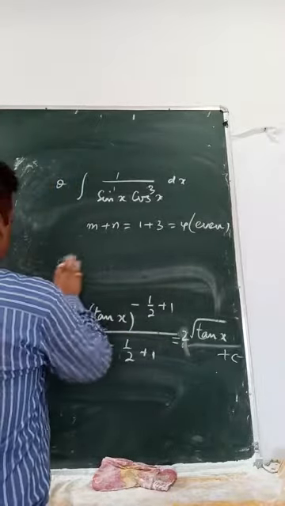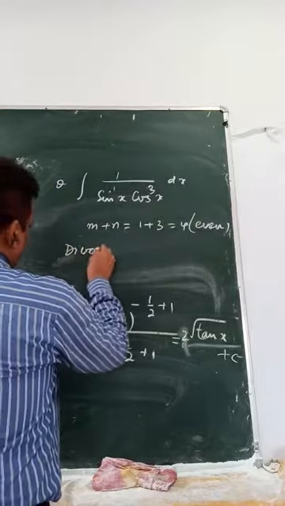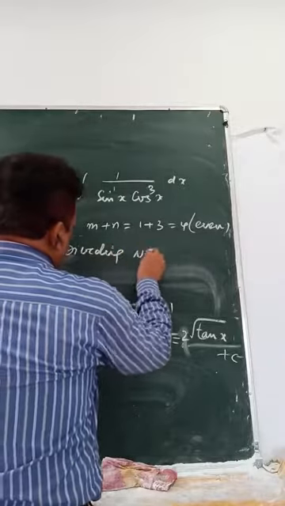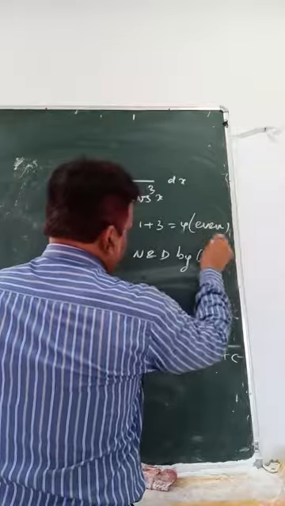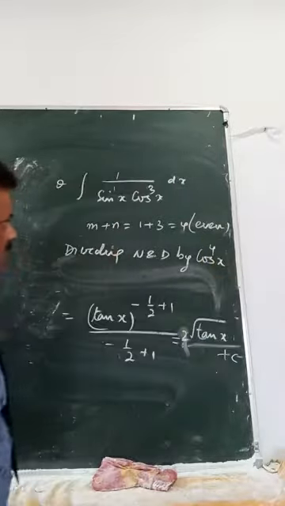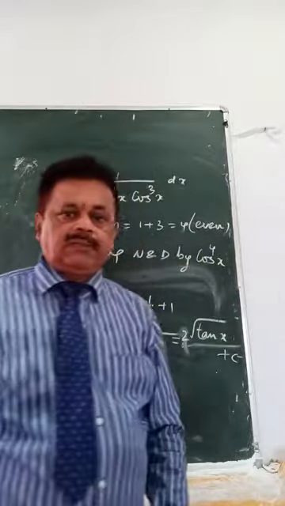So dividing numerator and denominator by cos to the power 4x. Whatever even power comes, that you have to divide.